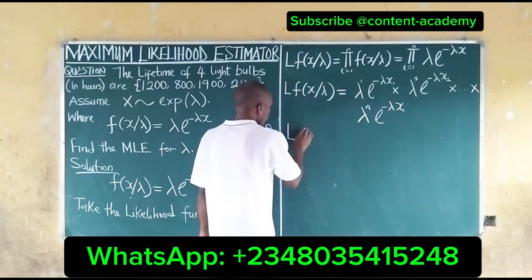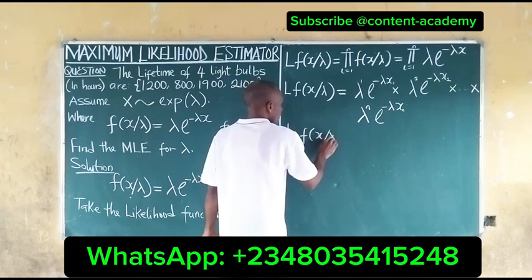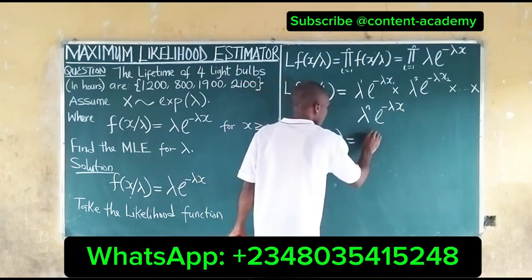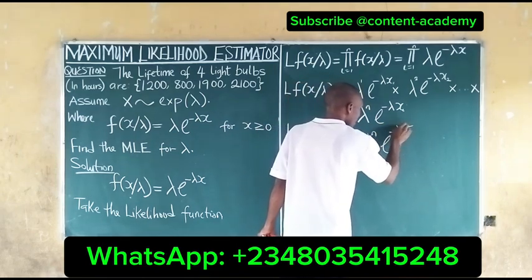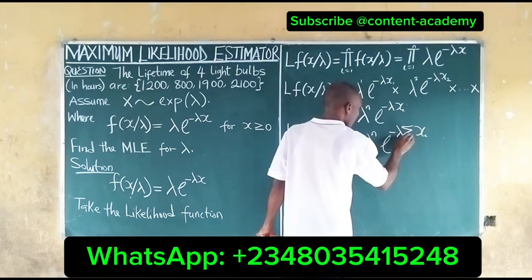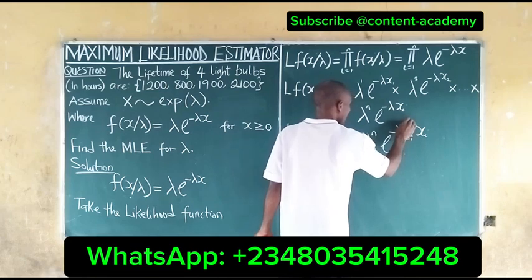So our likelihood function will be equal to lambda to the n exponential negative lambda summation of xi as i runs from 1 to n.